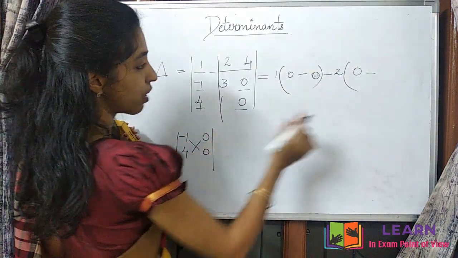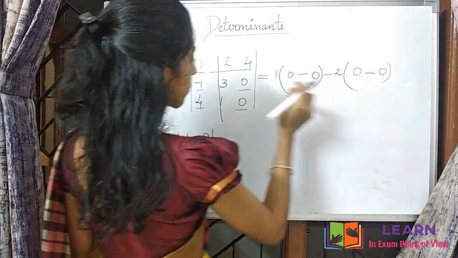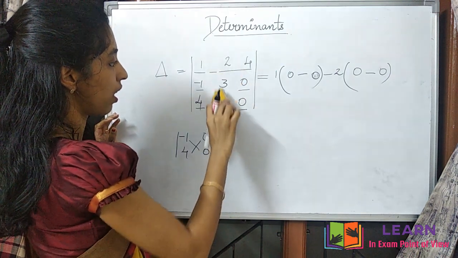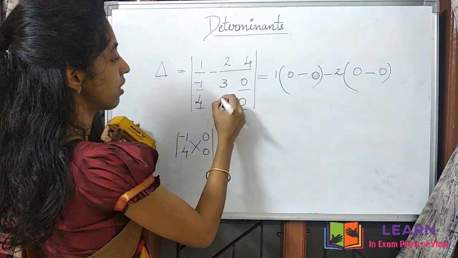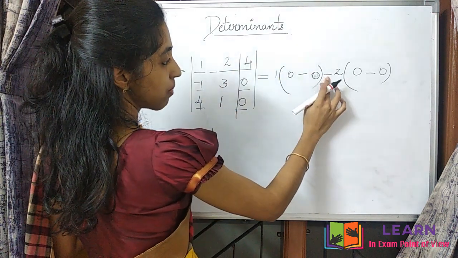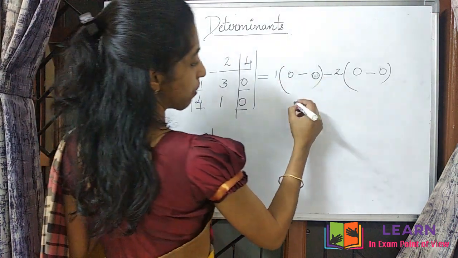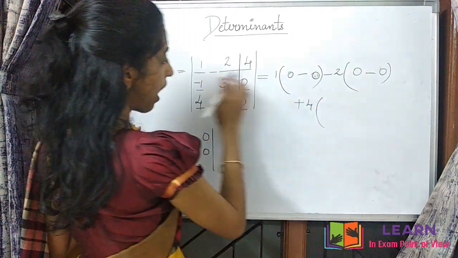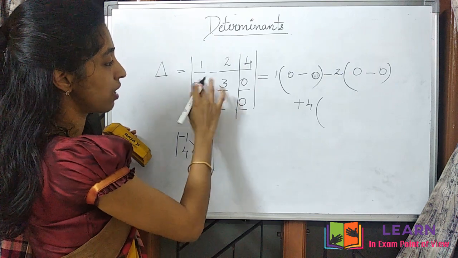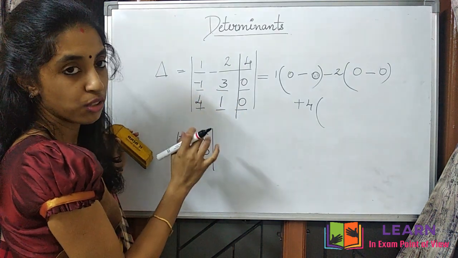Minus 4 into 0 is again 0. Then the last element in the first row. Okay, this one, 4. It will become plus 4. Plus 4 into, vanish its corresponding row and column, remaining these 4 elements. Again a 2 by 2 matrix.